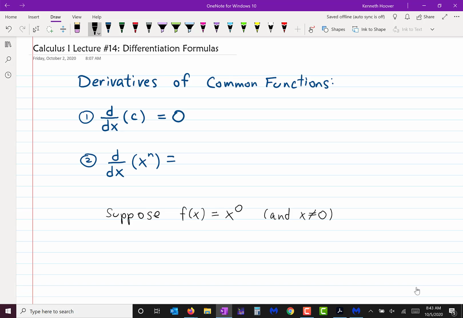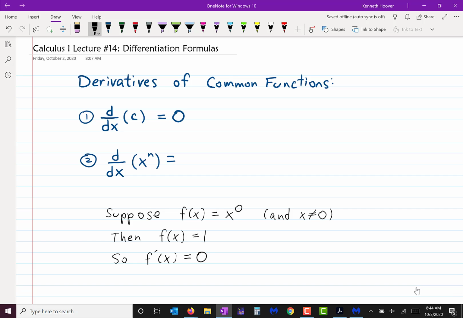Okay? All right, well, this one actually we've already done, because what is a number raised to the power 0? It's 1, right? So if f of x equals x to the 0, then f of x equals a constant. So we've already said f prime of x would be 0. Okay? So let's leave that there for a minute.